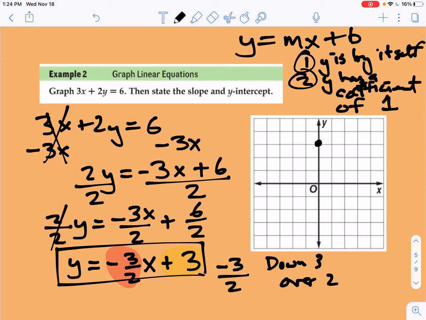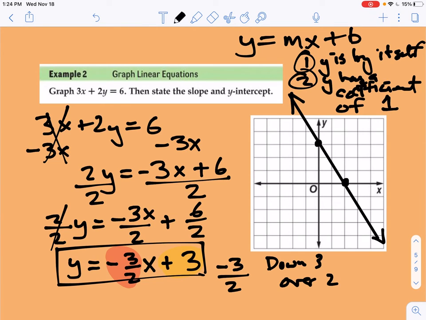So let's go to our point, and then go down 3, which puts us at the origin, and then over 2, which puts us right here. Remember, you're always going over to the right. We covered that in the last video. And then you draw your line, put your arrows on, and you're good.